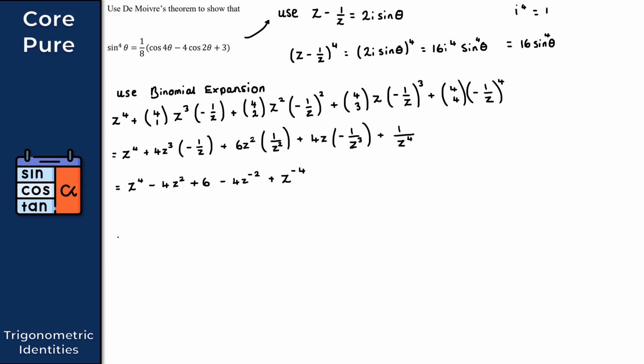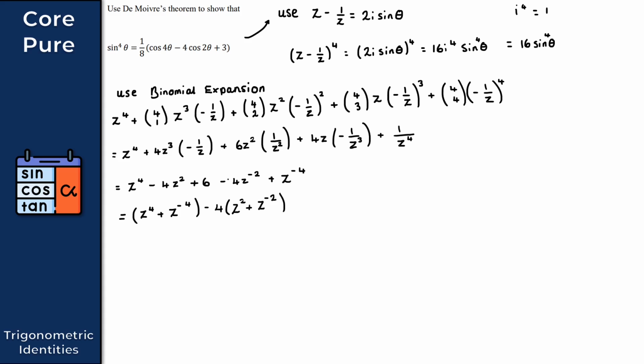So what I mean by that is we can group z to the 4 and z to the minus 4 here. So I've got z to the 4 plus z to the minus 4, like so. I've then got minus 4 lots of z squared plus z to the minus 2, like so.